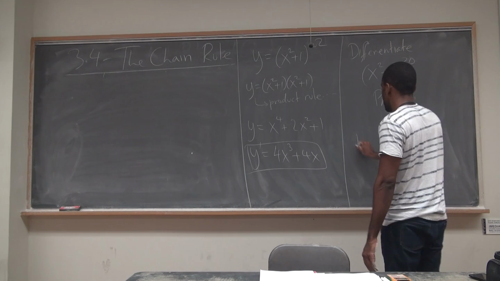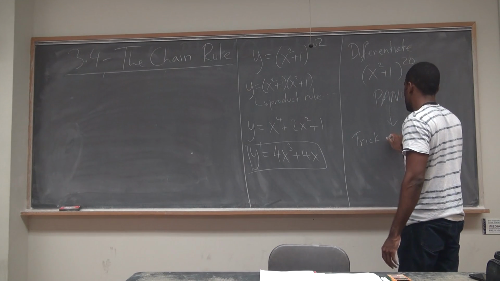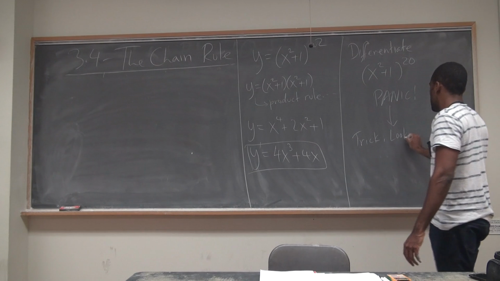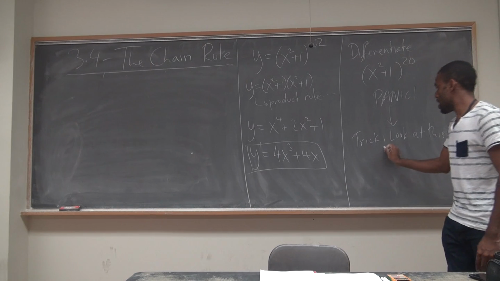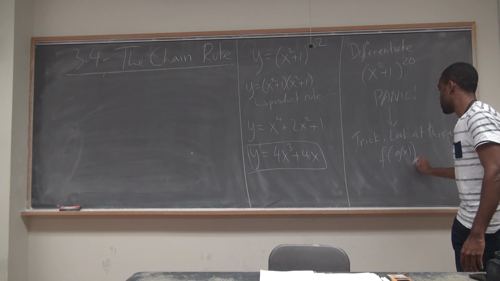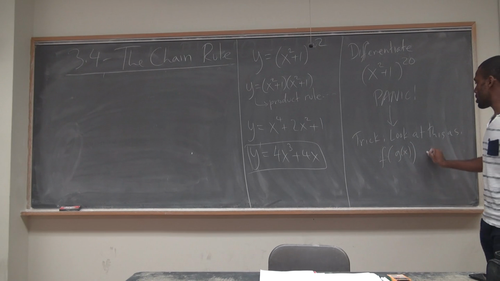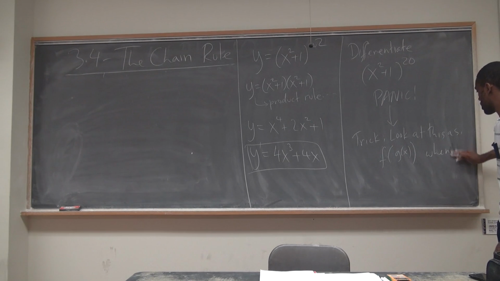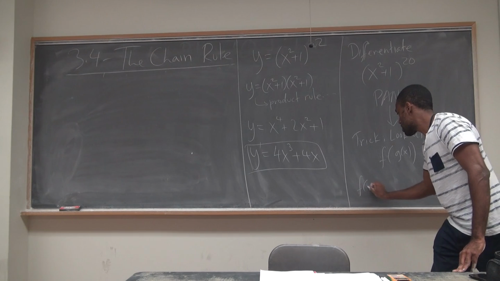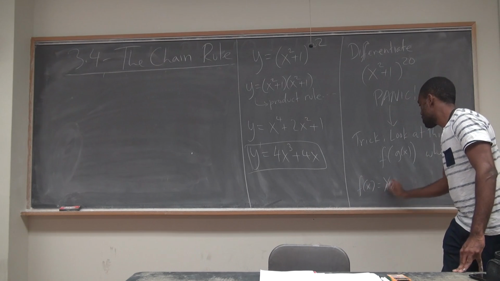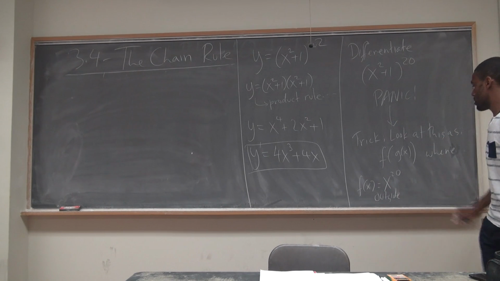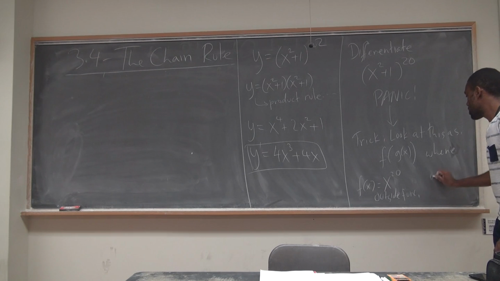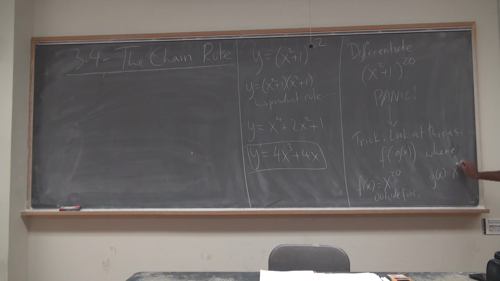The trick here: look at this as a composite function, something like f of g of x, where your f of x is x to the 20, which we can call the outside function, while your g of x is equal to x squared plus 1, which is the inside function.